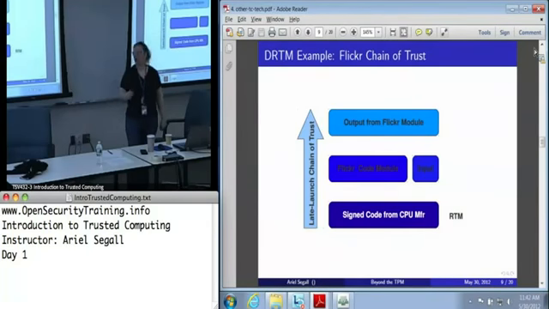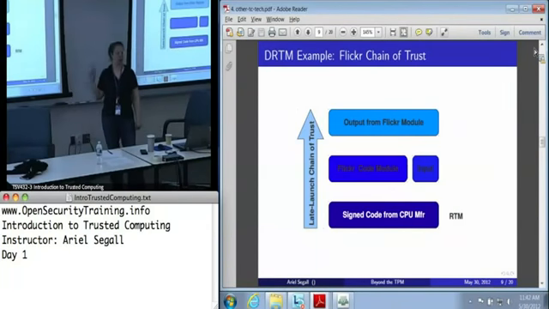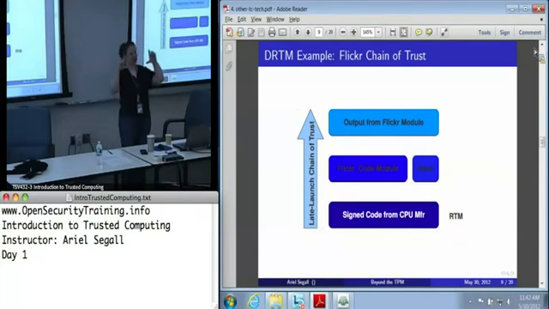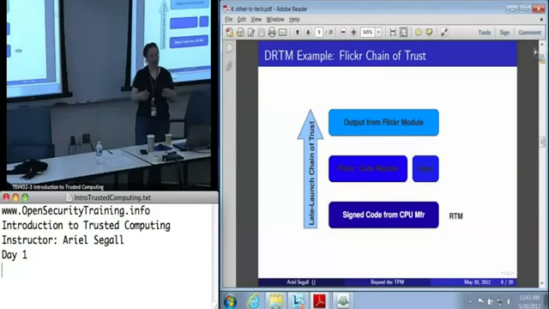Maybe I want to sign something that says legally I agree to something. I will now launch into a Flicker code module that is a small single-purpose module. This code is signed with a Flicker document signing module, and it will use a key that is constrained to, or be signed with a quote that says, we are in secure Flicker mode. Flicker takes arguments, and basically what Flicker does is it says, I measure the Flicker code module and the input to Flicker.